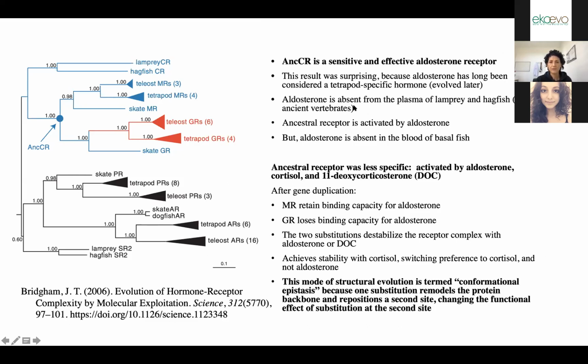Aldosterone is absent from the plasma of lamprey. I'm going to show you what a lamprey and hagfish are. The ancestral receptor is activated by aldosterone, but aldosterone is absent in the blood of the basal fish. So what they found is that the ancestral receptor was less specific, before the gene duplication.